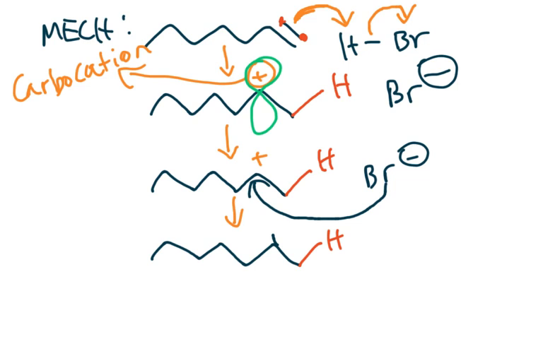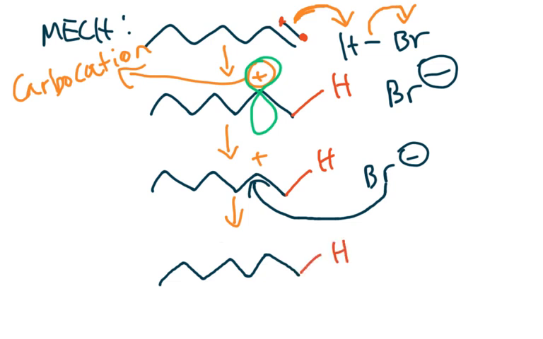So let's draw this a little bit lower really quick. If we draw all the bonds, then we're going to have a bromine atom right here. So see, this bromide ion attacked this carbon and made a bond. Okay, and actually this is the product. This is the answer that we have.